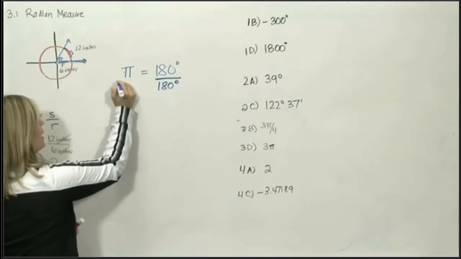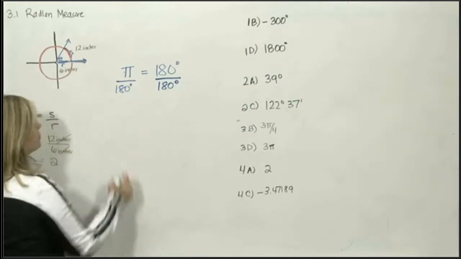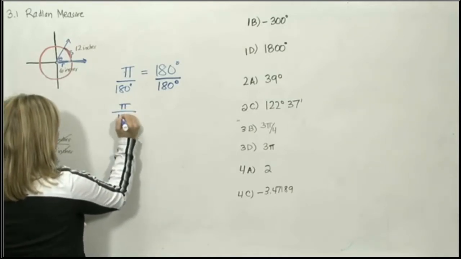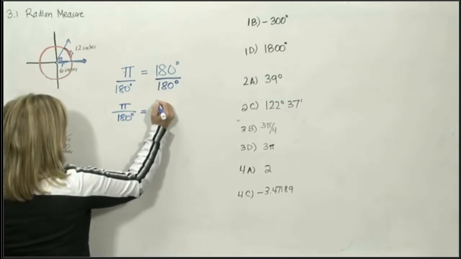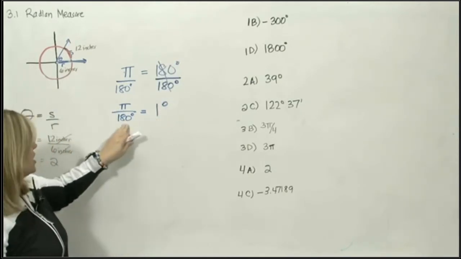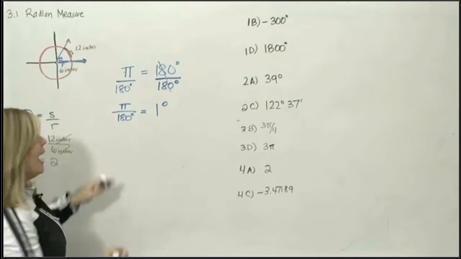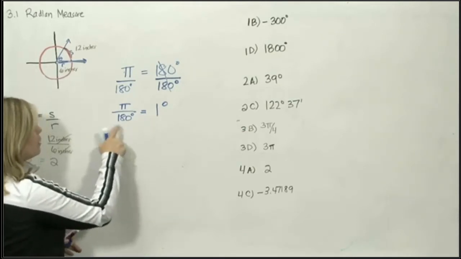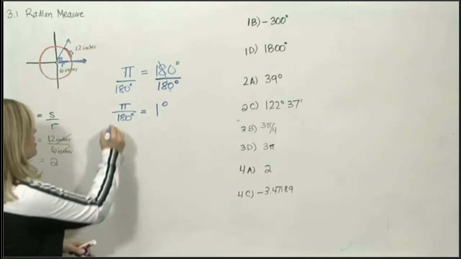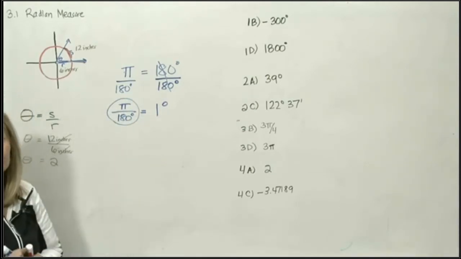But whatever I do to the right, I got to do to the left. Now you have a rule. Pi over 180 degrees will equal 1 degree. Every degree is this many radians. So if I want to change degrees to radians, that's my conversion.